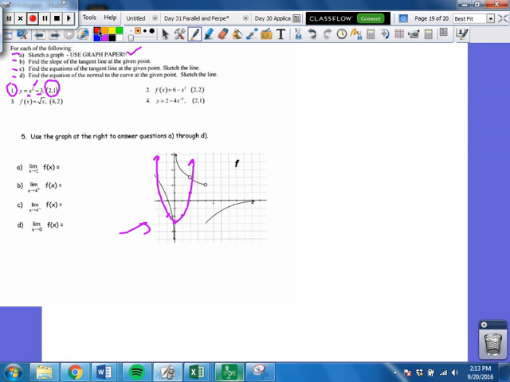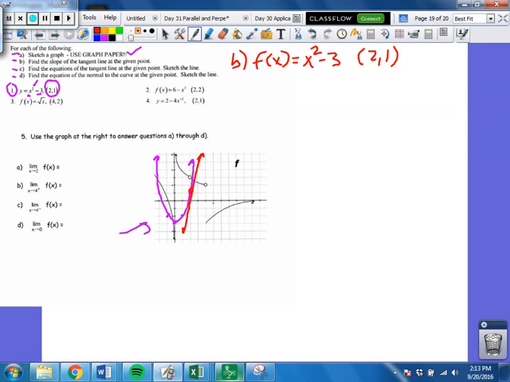Part B, find the slope of a tangent line at the given point. So in my notebook, part B, know that the function is x squared minus 3. I know I want to go to the point 2, 1. So what I'm looking for is the slope at this point right there of the tangent line, or what is the equation of that tangent line.